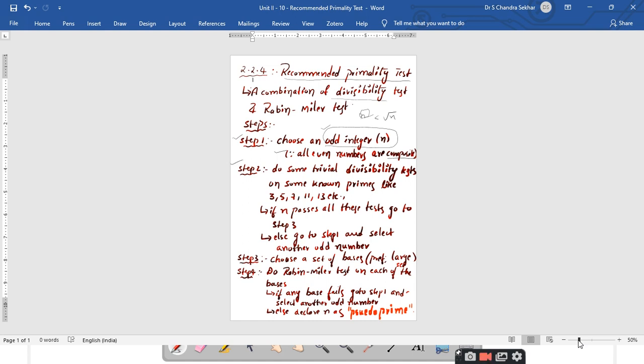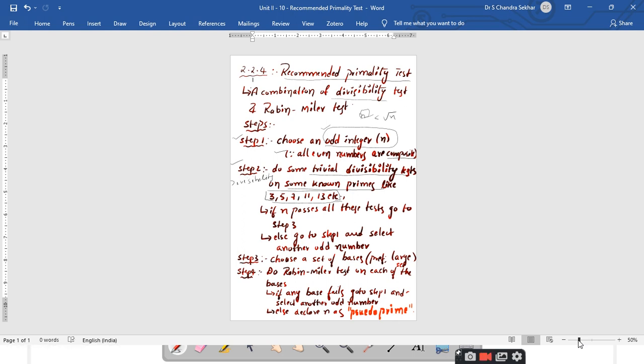And step 2 is nothing but the divisibility test. Here we do some random divisibility tests on the given number n. Step 2 is defined as performing some trivial divisibility tests with small primes like 3, 5, 7, 11, 13, 17, 23, etc. We test the number for primality using these simple prime numbers that we know.